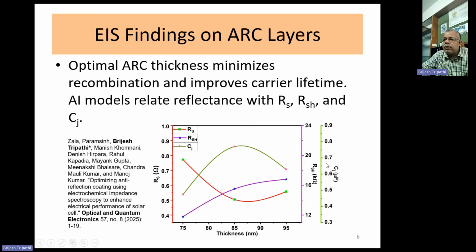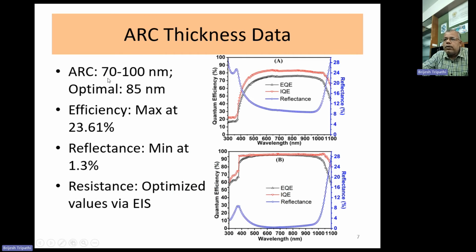Then there are electrochemical parameters, because there is junction capacitance in microfarad, and there is shunt resistance in kilo ohm. So these parameters are explored for solar cells by using electrochemical impedance spectroscopy, that is the full form of EIS.